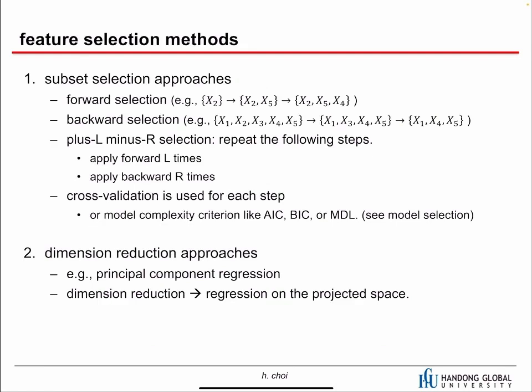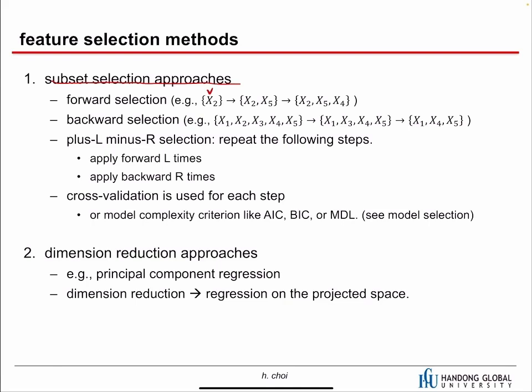So there are a couple of approaches to select the features. First, subset selection approaches. So we can use forward selection and backward selection. Forward selection is simple. We can start with one feature. So we can try all the features, and we can evaluate all the features, and we can choose the best feature.